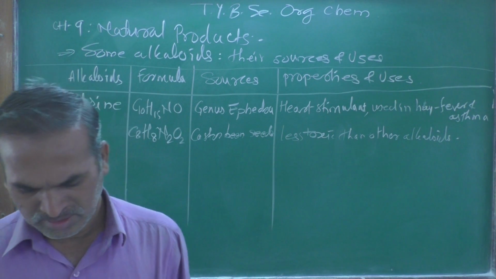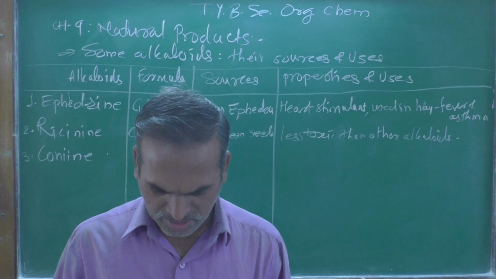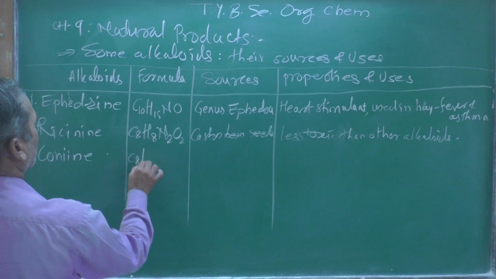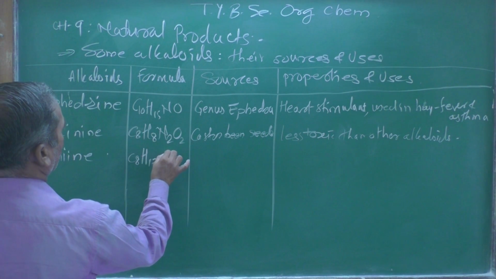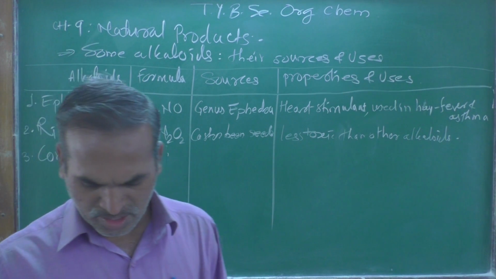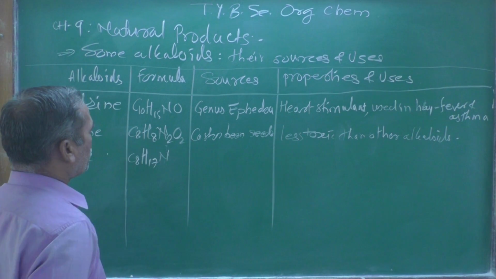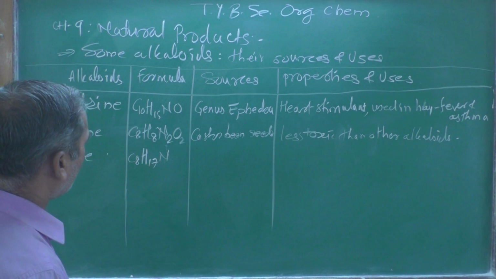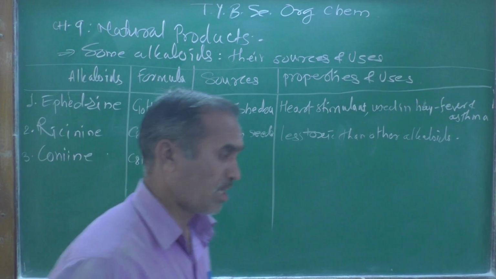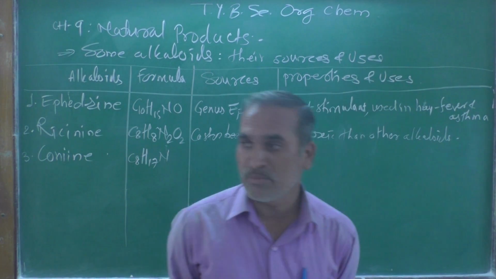It is an alkaloid and has the molecular formula C8H17N. Remember, whenever there is a nitrogen atom, there is always an odd number of hydrogen atoms in the molecular formula.